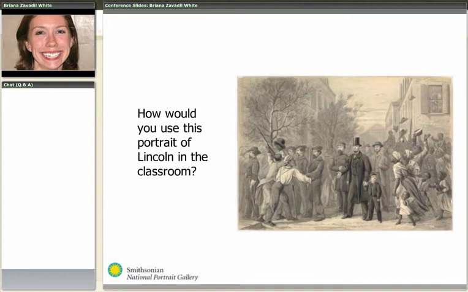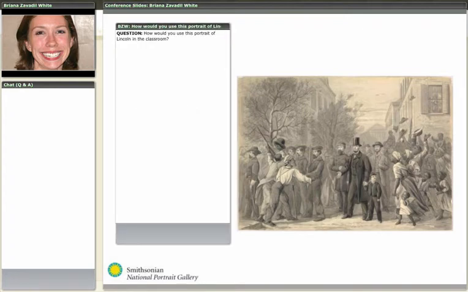It is helpful to know that Lincoln has just arrived in Richmond. This is April 4th, 1865. Richmond basically has been burning because the Confederacy has set fire to various warehouses around Richmond.